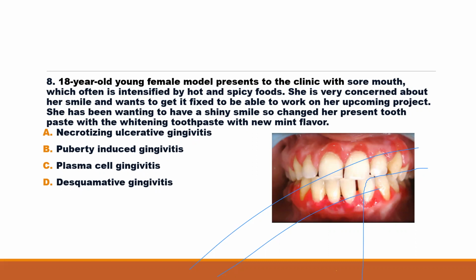So that's why it is suggestive of an allergy, that's plasma cell gingivitis. It could have been desquamative gingivitis for sure, but the patient gives a history of change in toothpaste. So first, the obvious thing first, it can be due to allergy. If the patient does not respond to all these things, then we can think of desquamative. Desquamative gingivitis is not acute, it's a chronic lesion. So looking at the question, giving a history of toothpaste change, it is C.